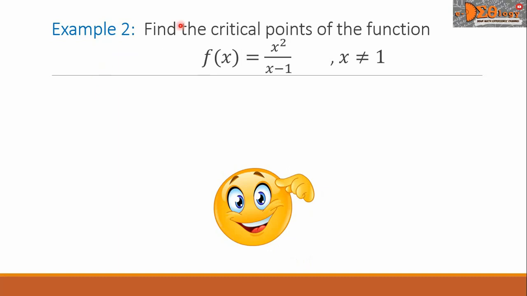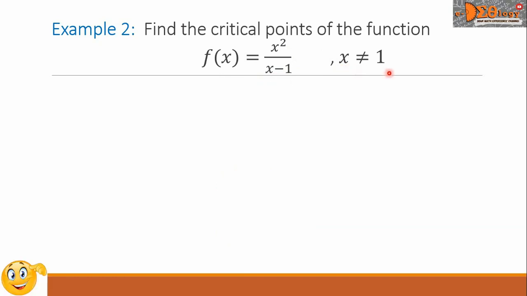Example 2. Find the critical points of the function f of x is equal to x squared over the quantity x minus 1, given that x is not equal to 1. For our solution, let us do step 1 to find the derivative.